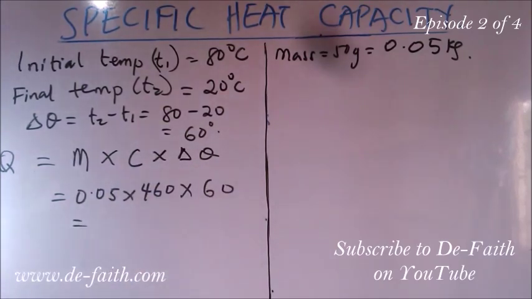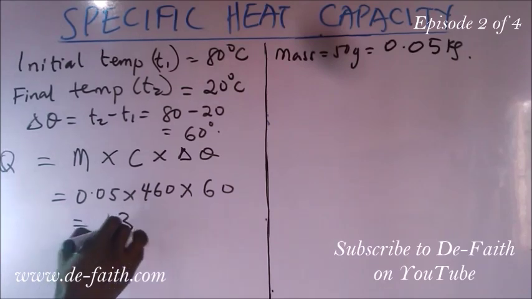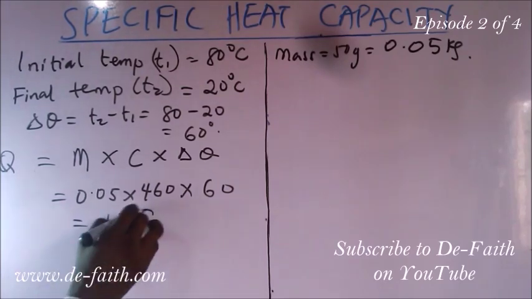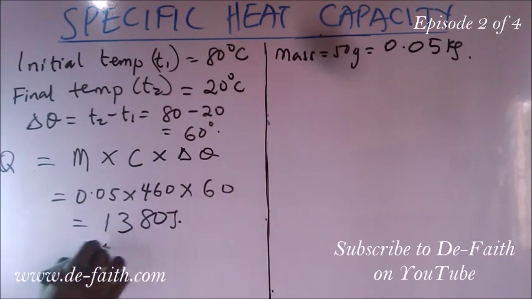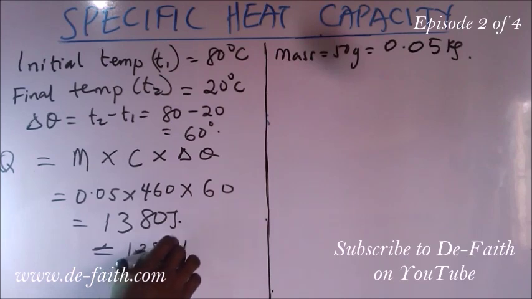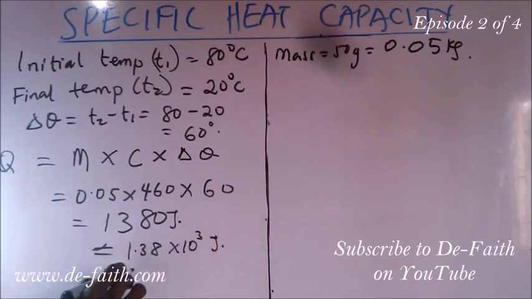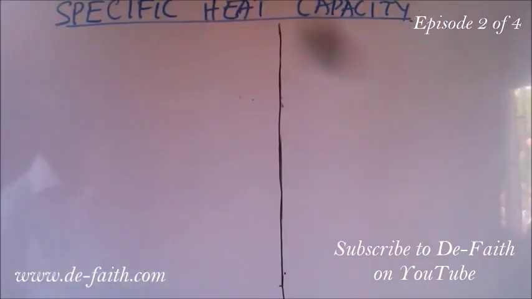When we multiply this, we have 1380 joules of heat, which could be rewritten as 1.38 times 10 raised to power 3 joules, or written as 1.38 kilojoules.